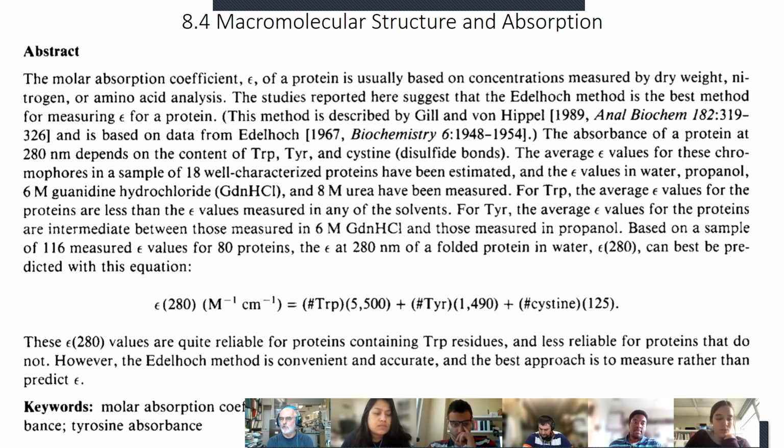I'm not going to go through the whole paper. I'm just going to basically do this. It's based upon the concentration measured by dry weight, nitrogen, or amino acid analysis. And so basically the way historically people measured concentration was to take a dry weight. Literally, you make up a sample. You add so much solid protein to a solution.